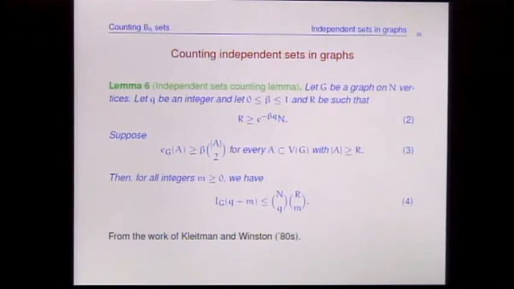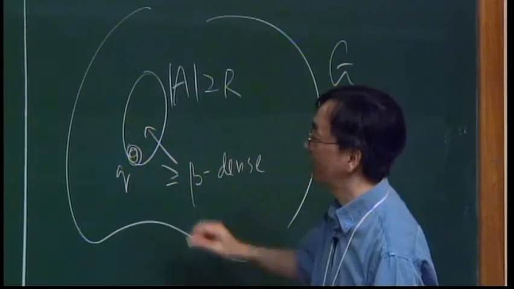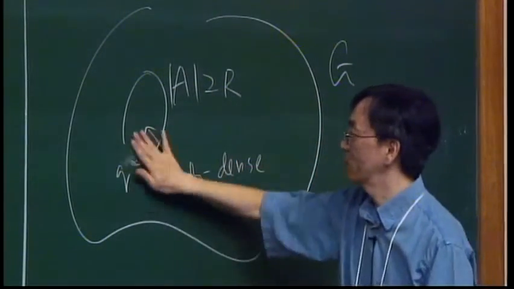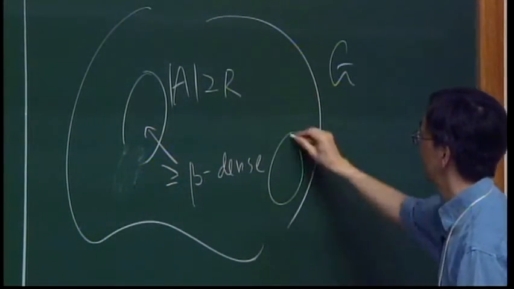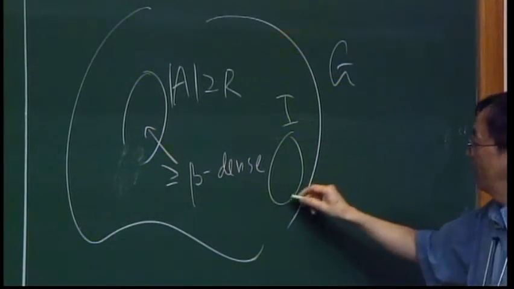You want to prove this bound. There is some seed set Q here. I'm counting independent sets, so maybe here's an independent set, and I want to count how many of these I have.